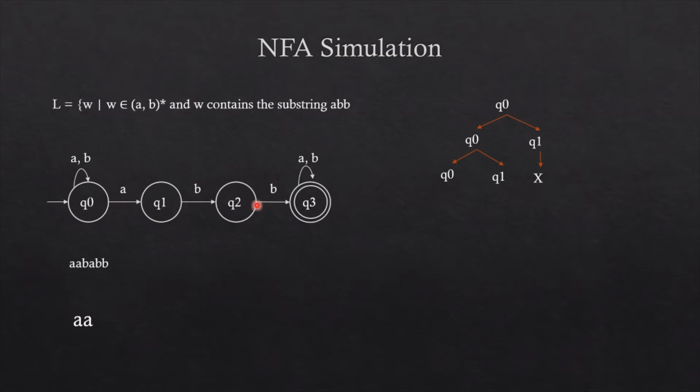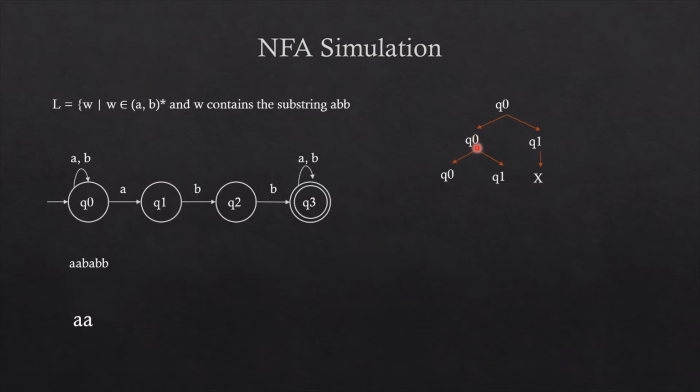So there's no point of pursuing this flow. That's why this flow here will reach a dead end, and this flow will cease to exist. And I put an X here just to mark that. So this one died.